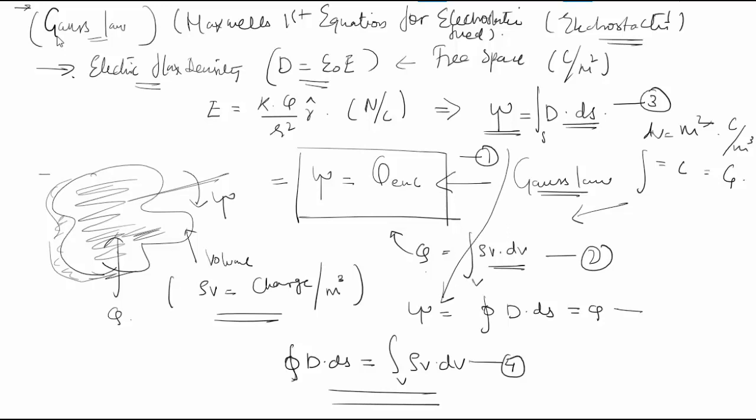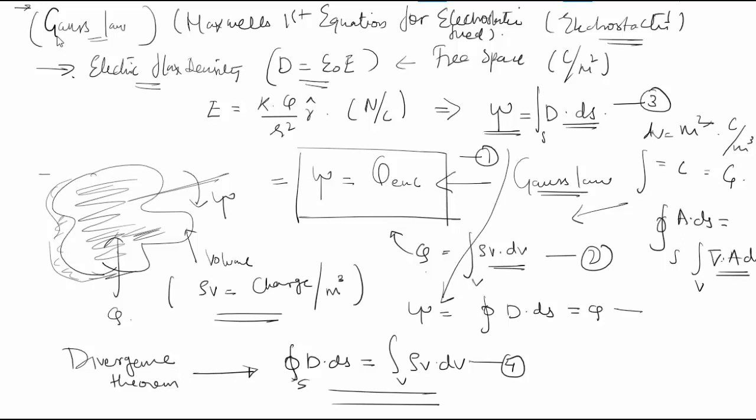Now I apply the divergence theorem to this equation. The divergence theorem, which is my fifth equation, says that the surface integral of a vector over a surface is equal to the volume integral of the divergence of that vector over that volume.